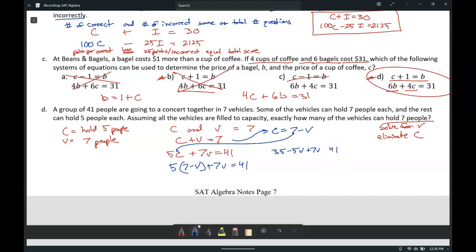And then we can combine like terms. We need exactly 3 vehicles that can hold 7 people.